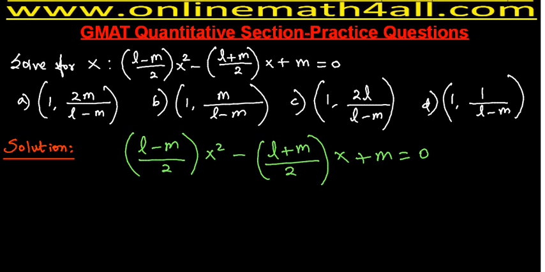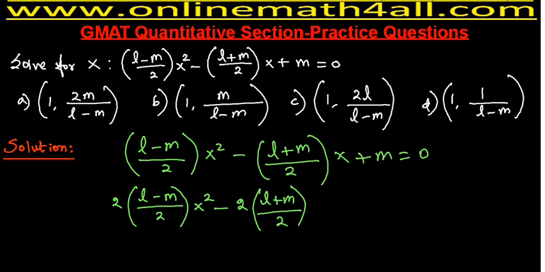Now if I don't have the denominator 2 here, I think the equation will become simple. To get rid of this denominator 2, I'm going to multiply the equation by 2 on both sides. I'll get 2 times L negative m over 2 times x square negative 2 times L positive m over 2 times x positive 2 times m is equal to 2 times 0, which will be 0.